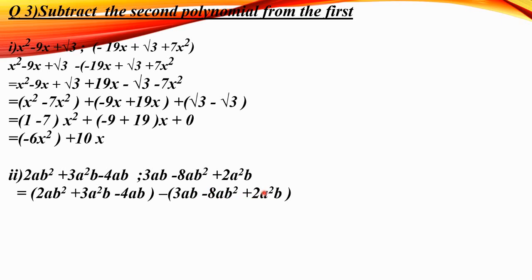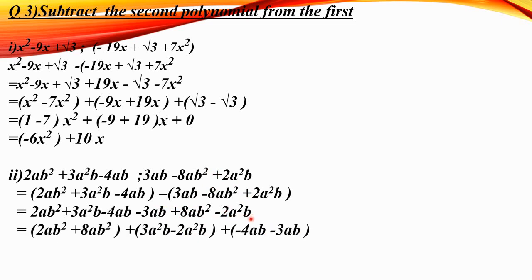Now students, when it is subtraction, we have to put the minus sign in front of the bracket. After that we have to multiply this minus sign with the terms inside the bracket. Now opening the bracket we get 2ab square plus 3a square b minus 4ab minus 3ab, and minus into minus will become plus 8ab square, minus into plus will become minus 2a square b.